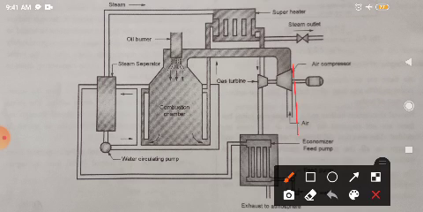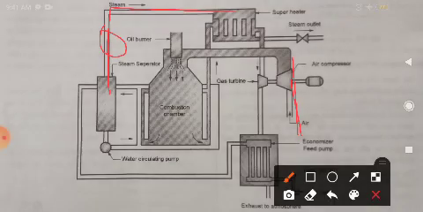From here, air is compressed. Okay, you can see the gas turbine running on. First see this cycle. We will start from some point. Here superheated steam is going to the superheater, or steam is getting supplied to the superheater.